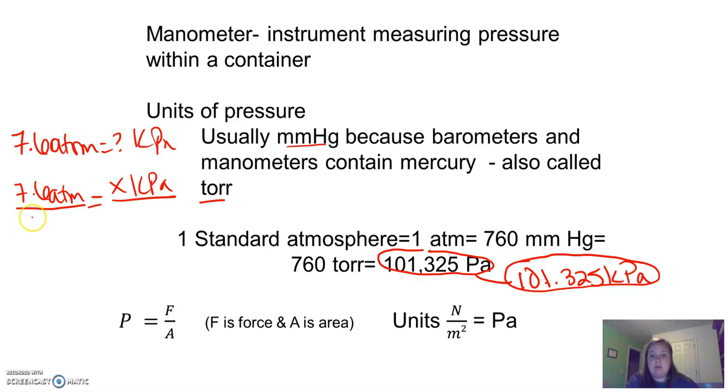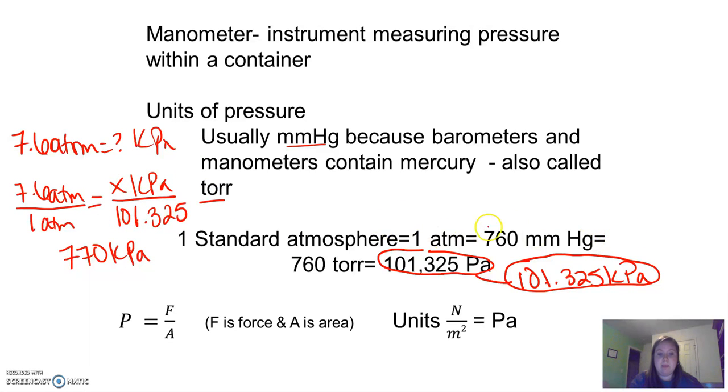So for atmospheres, I would put 1 ATM on the bottom, and for kPa, I would put 101.325 kPa on the bottom. Let me grab a calculator. I would do 7.6 times 101.325, and then, of course, divide by 1. And you would get about 770 kPa. And you can use that method for any of the unit conversions.